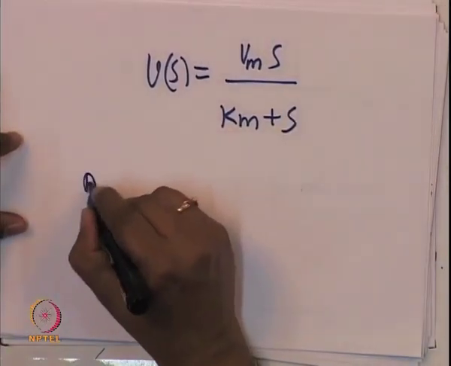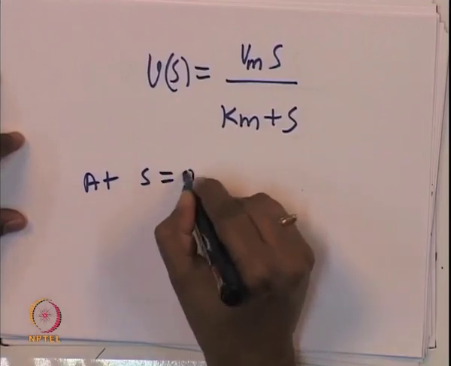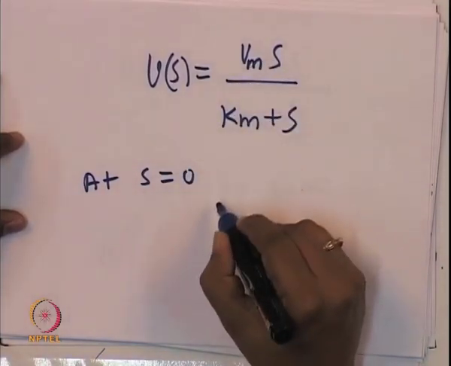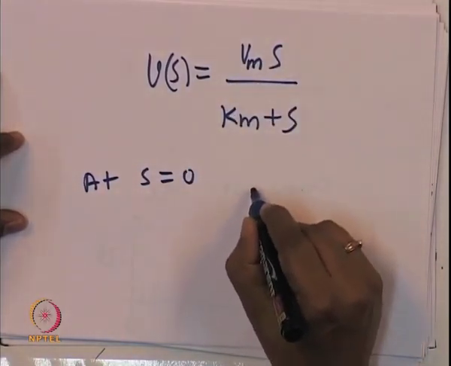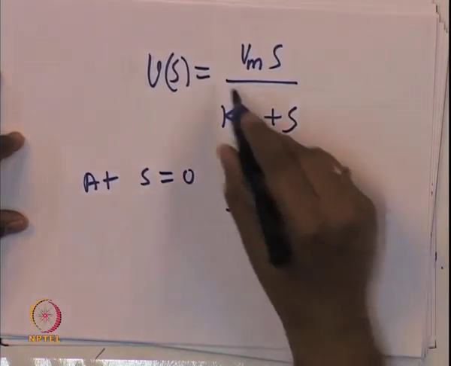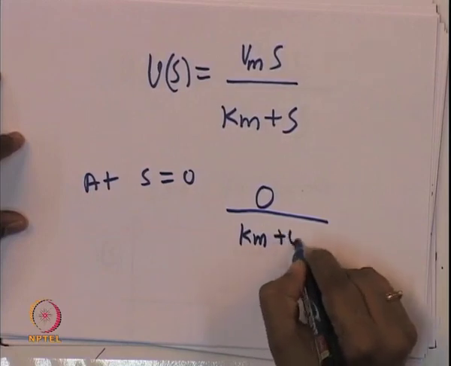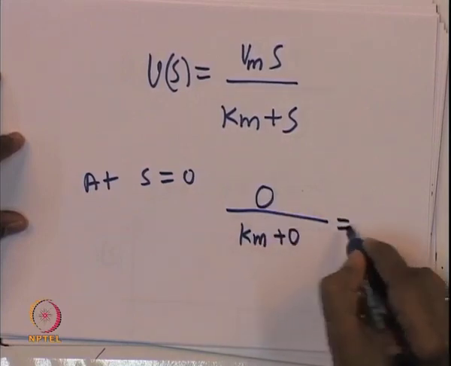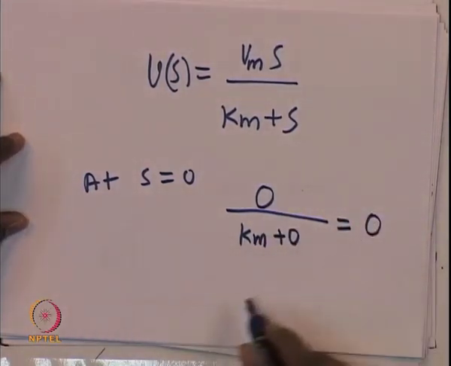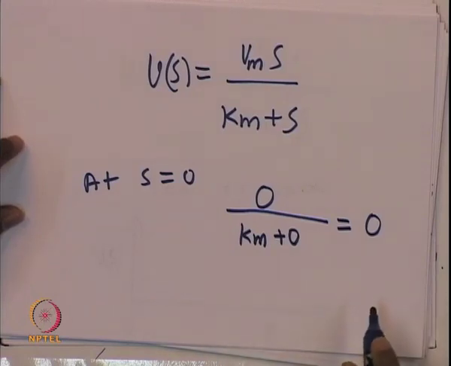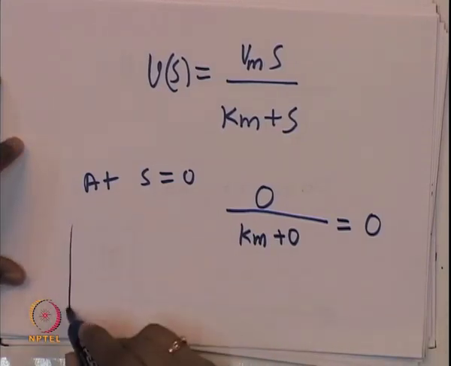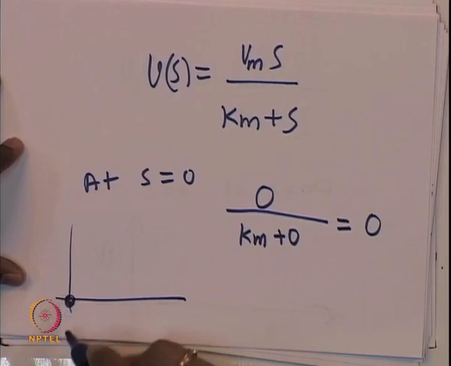At s equal to 0, we have Vm into 0, which is 0 in the numerator, and Km plus 0, which is Km, in the denominator. 0 divided by a constant is 0. So, at s equal to 0, the function is 0. In this plot, it starts at 0.